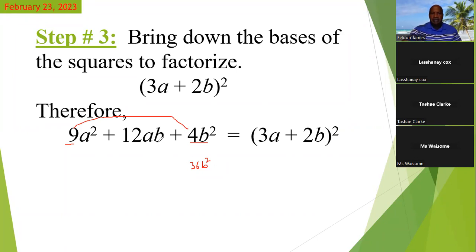No, the AB is not in it, because remember the variable here is A squared and A. Remember when we're doing the other form, this would be like the X squared and this would be the X. And so when we're looking for the coefficient of the middle term, we really want the 12B without the A. So we want two factors of 36B squared that, when we add them, we get 12B.